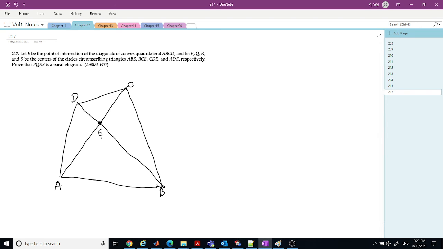The circumcenter is the intersection of the 3 perpendicular bisectors, right? That means the perpendicular bisector, did you see they have the common perpendicular bisector? This perpendicular bisector can help you to define the point P and the last point S, right?